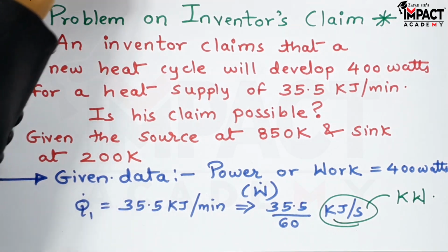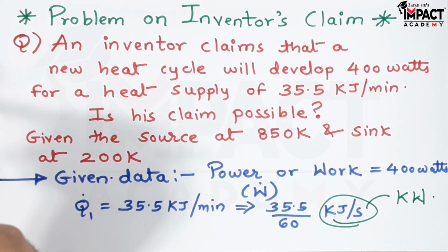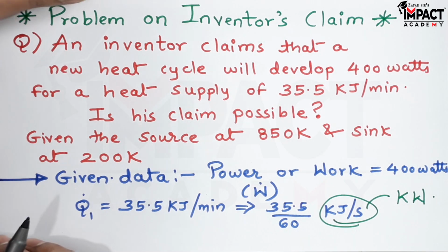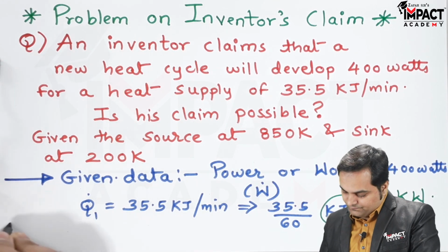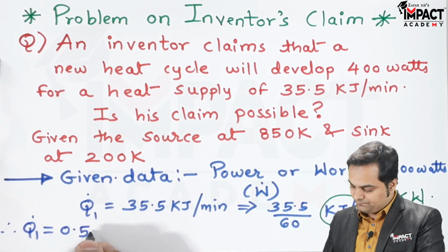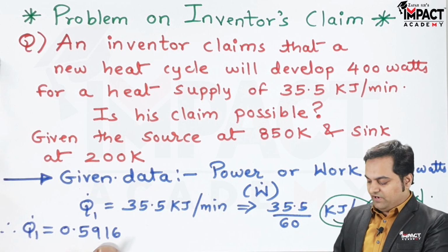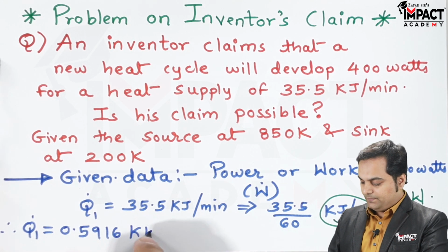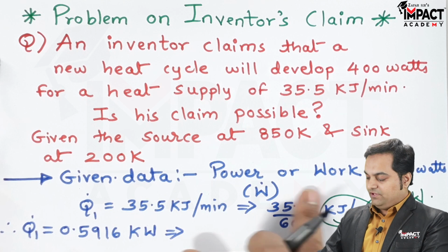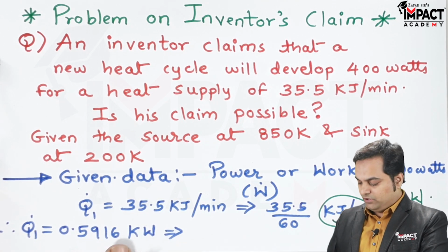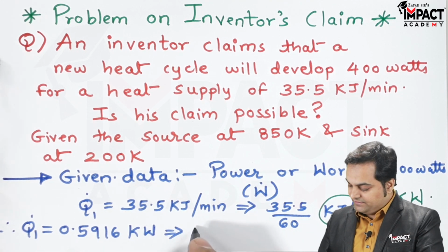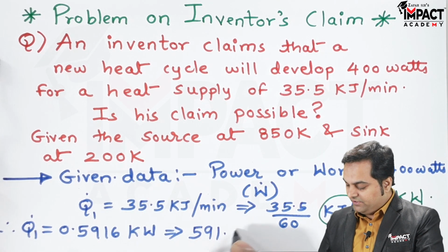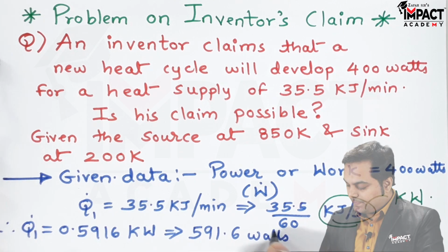So the answer is 0.5916 kilowatts, or 591.67 watts. And now, since work is in terms of watts, I have to convert this value in terms of watts. So multiplying this by 1000, it gives me the answer as 591.6 watts.